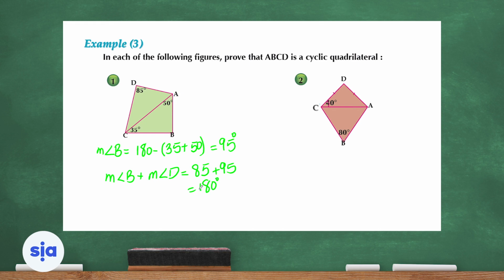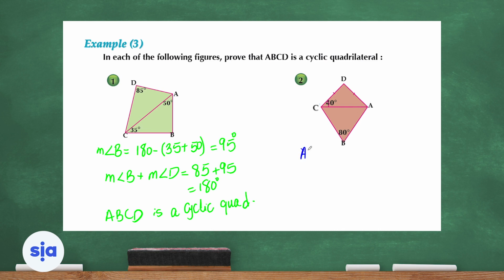Then, if opposite angles are supplementary, ABCD is a cyclic quadrilateral.